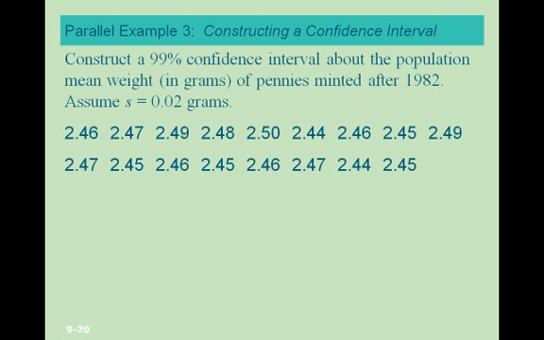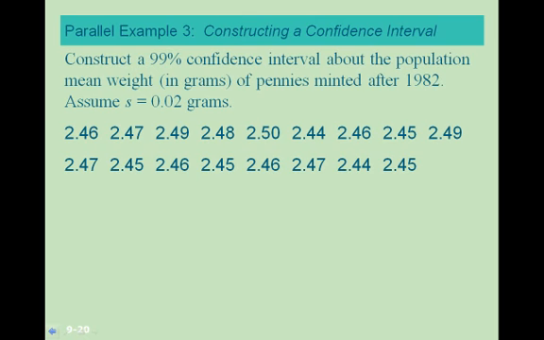So now let's look at actually constructing a confidence interval. In this example, we want to construct a 99% confidence interval about the population mean weight in grams of pennies minted after 1982. We assume that we have a sample standard deviation equal to 0.02 grams.